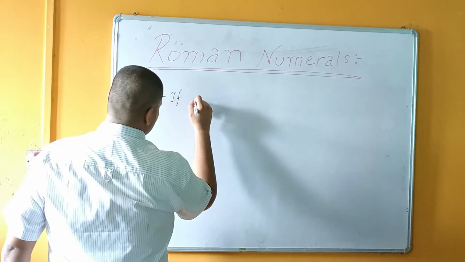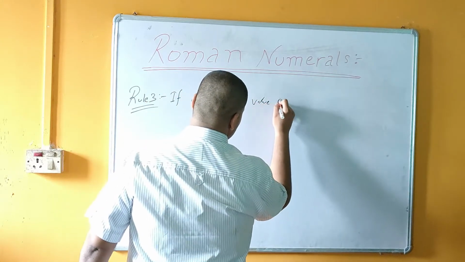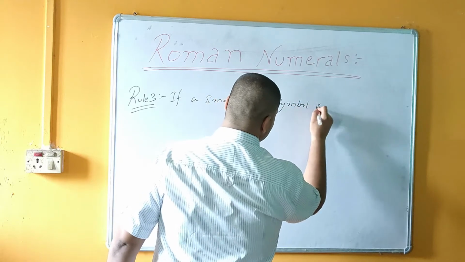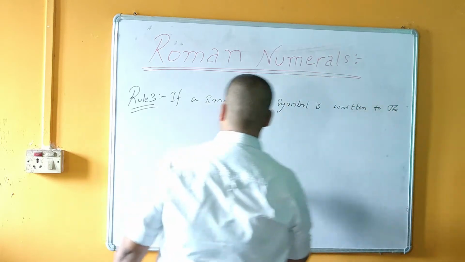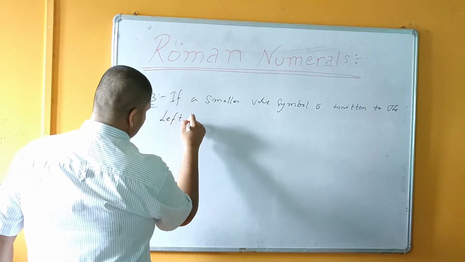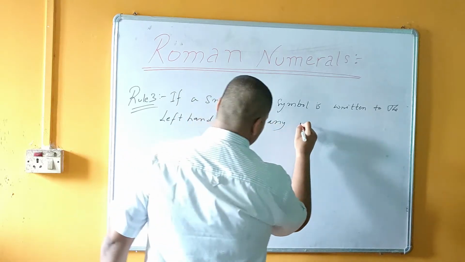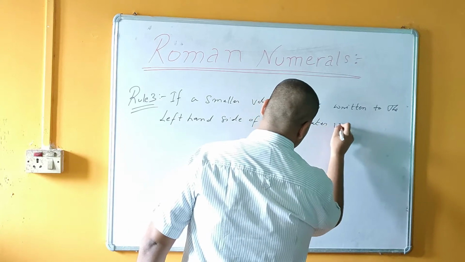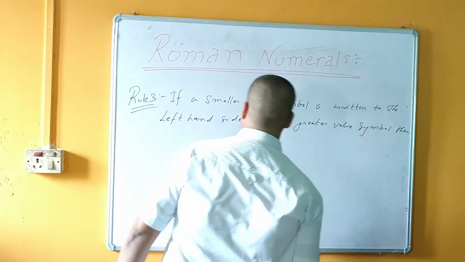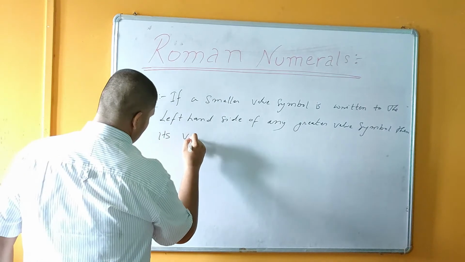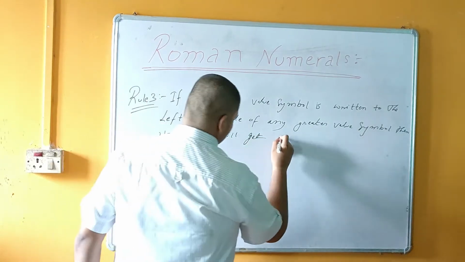That is, if a smaller value symbol is written to the left hand side of any greater value symbol, then its value will get subtracted.